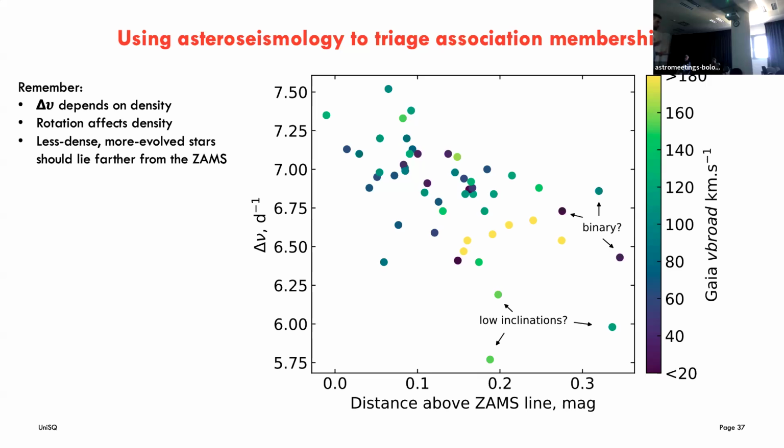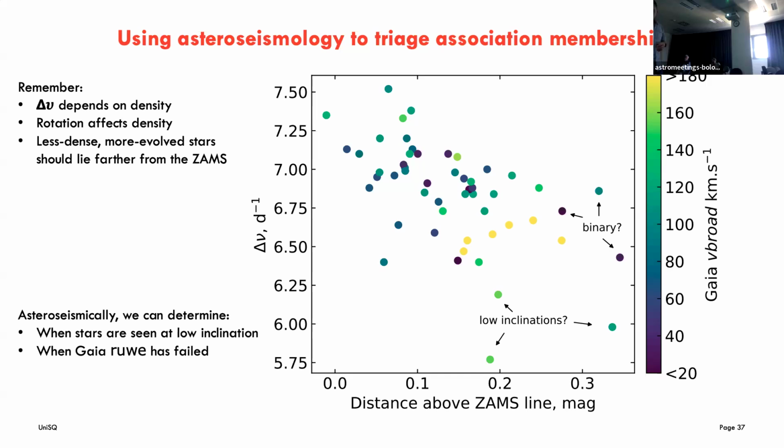So those could be binaries. So in other words, asteroseismically, we can determine when stars are simply seen at low inclination, and potentially when the Gaia RUWE parameter has failed to identify binaries. This is actually relatively common in stars that have a lot of circumstellar material, as we might indeed expect stars to.